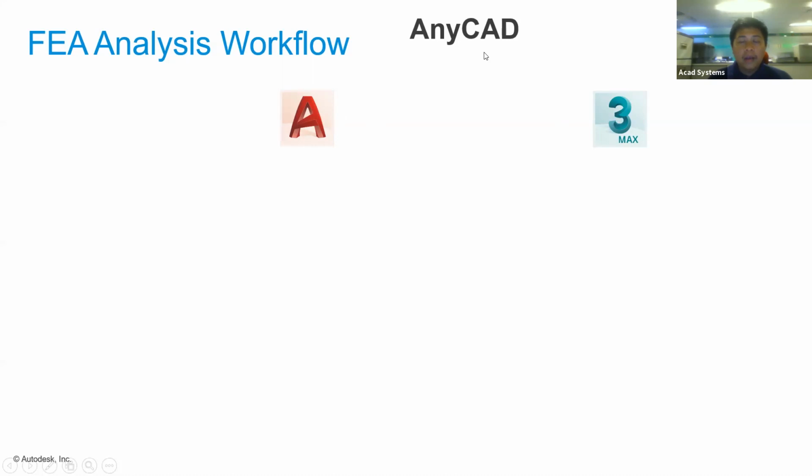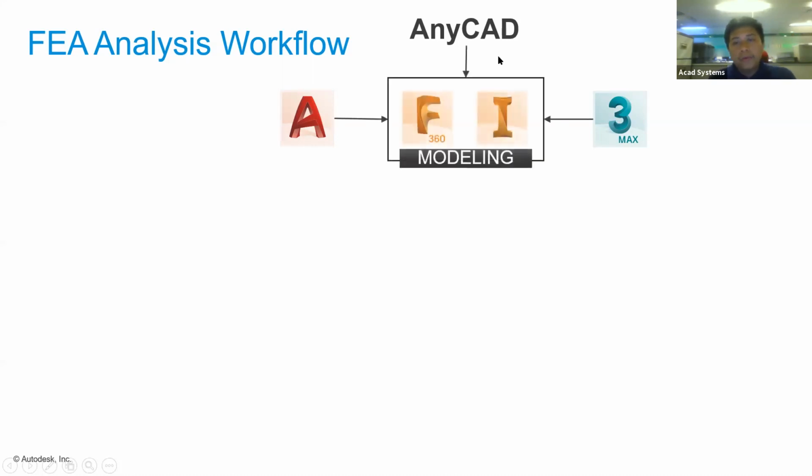You can convert it into Fusion or Inventor, because these 2 software have a new feature. If you use Inventor 2021, you can import any CAD. For example, I have one client that uses other software and wants to do simulation using Nastran. I simply import it using Inventor.